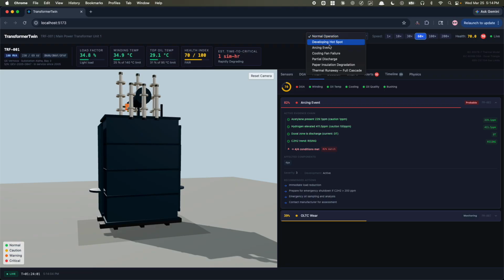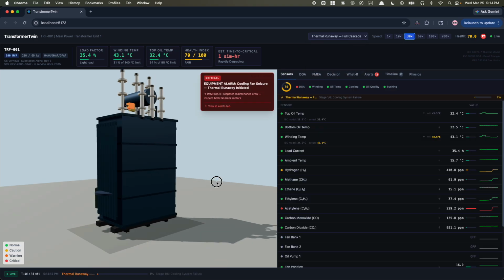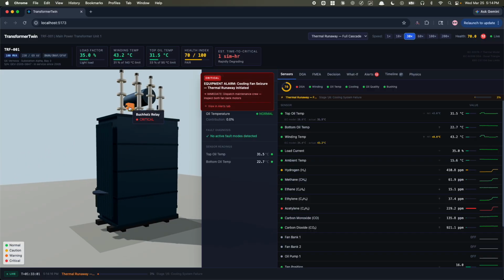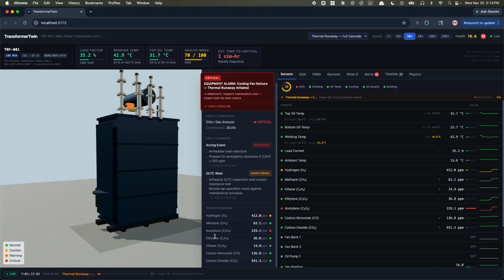Now let's take a look at a situation which is a thermal runaway, where a lot of cascading failures start to happen. So we can see while all this is happening, we can get some idea about the state of the physical transformer as well. We know that the DGA failure is happening, so it's critical, and it gives us the sensor reading as well.